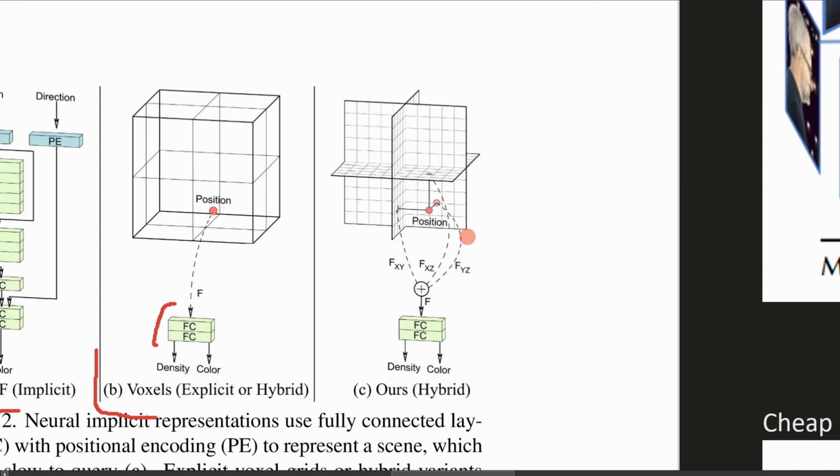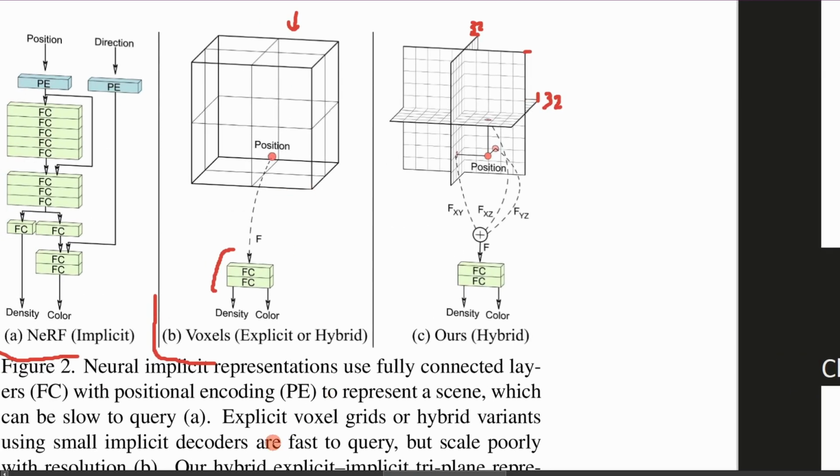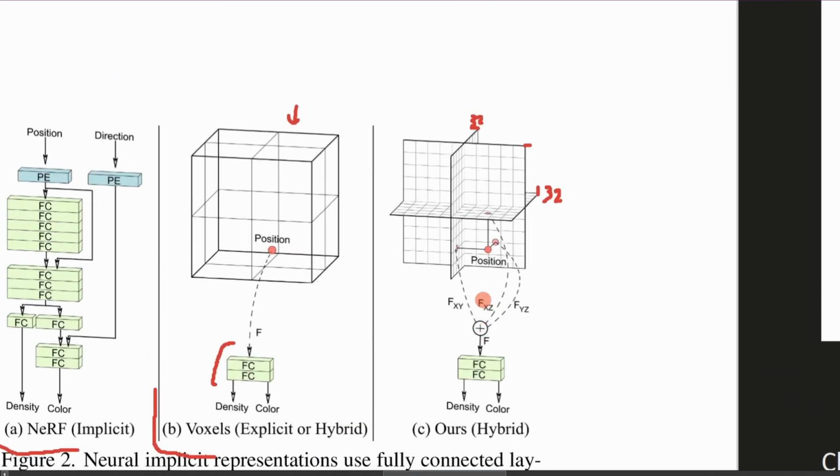Even though these look like slices of paper, they actually have a depth dimension, because they have features here, maybe 32 features along this dimension, and every plane will have that depth. But that's still way less compared to this model here. I think they call it an explicit voxel grid approach.